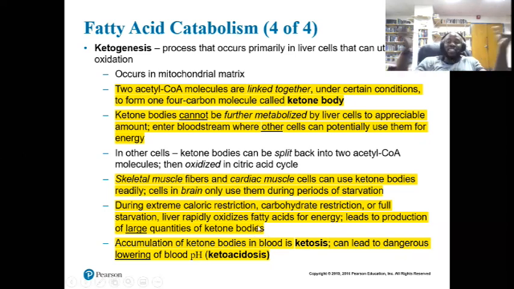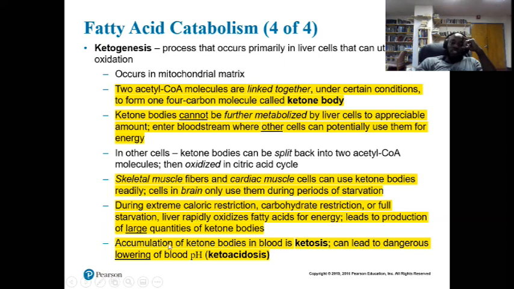So it'll break down fat, or what we may call burning fat, and produce ketone bodies, which float around in your bloodstream and can be used primarily by your heart and your muscles, but also by the brain.